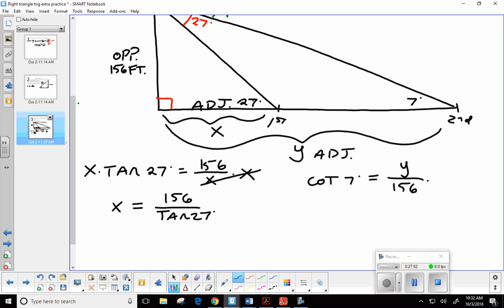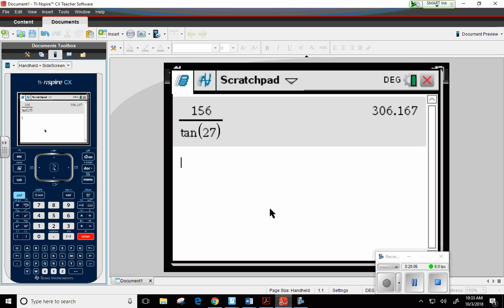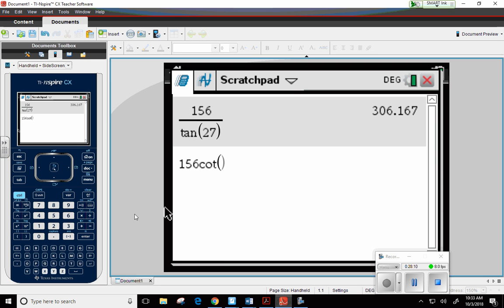And as we've seen several times, I would just go ahead and multiply both parts by that. Okay. So let's see what that comes out to be. 156 cotangent of 7. All right, so here I'm getting that second ship is about 1,270 feet away from the base of the lighthouse.